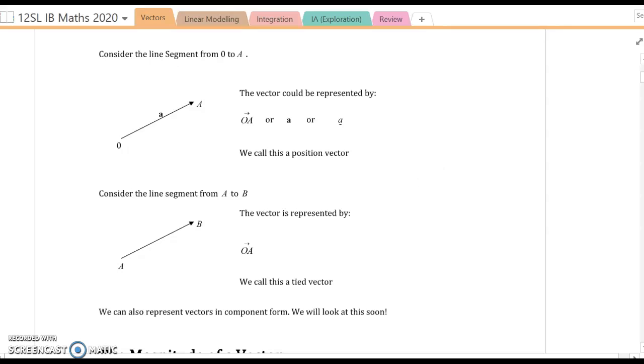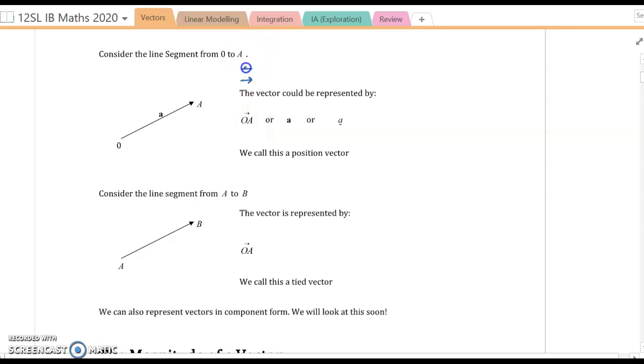Moving on, different ways in which we can name a vector is by putting a little arrow on top, bolding it, which you can't really do if you're handwriting, or putting a little squiggly line underneath. The thing with the arrow is we only do it from left to right.